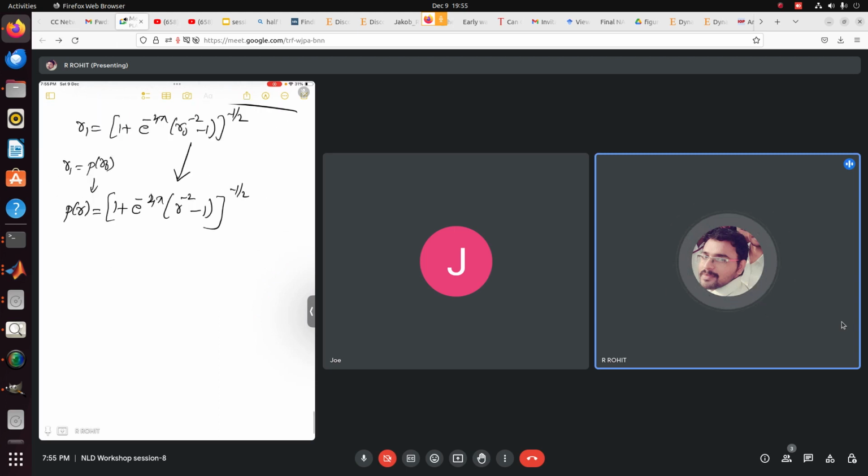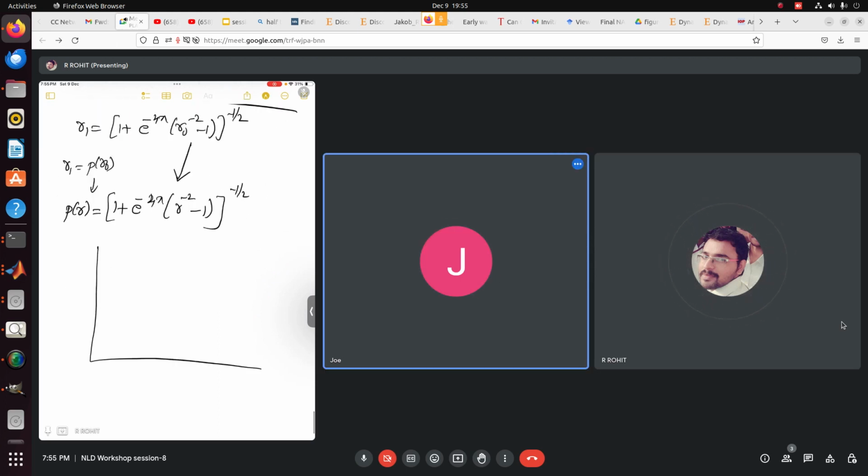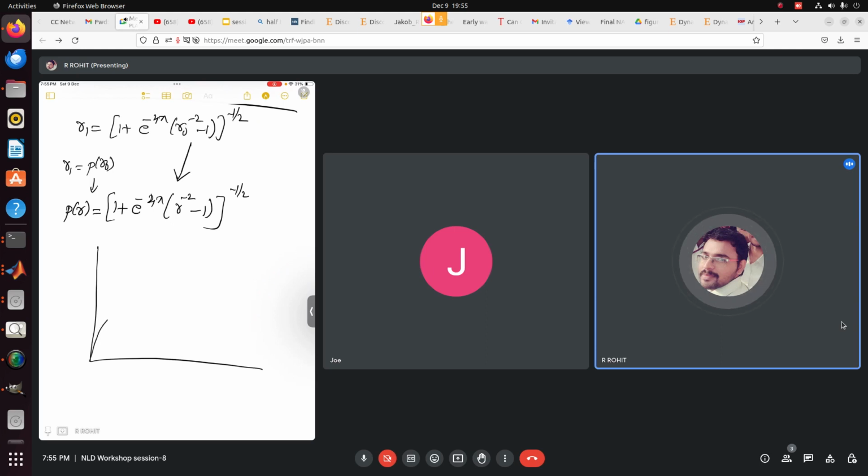Now if you plot the graph of this, P of r will be somewhat like this. This is your P of r and this is our r on the x-axis. Now we draw a straight line at 45 degrees like this. This is our reference line.